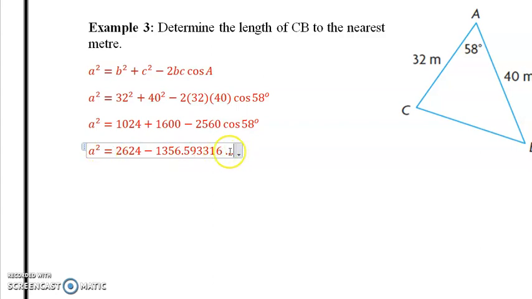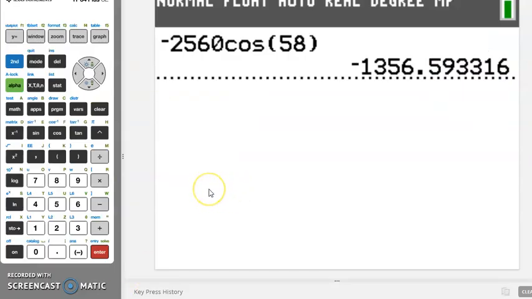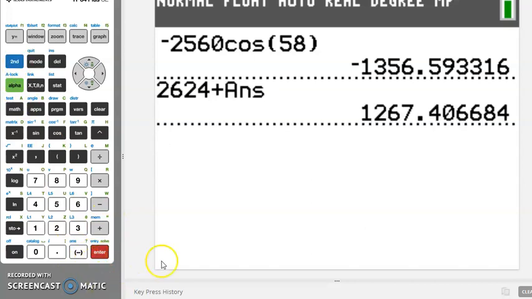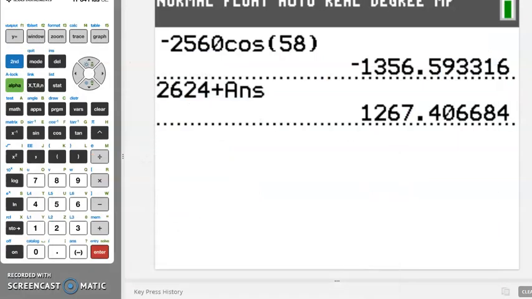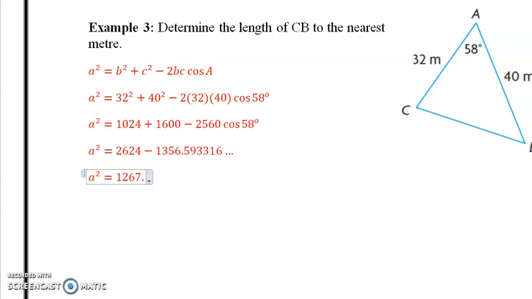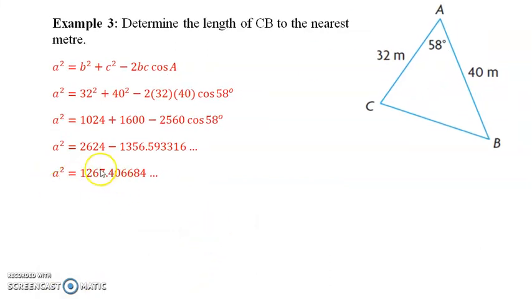And then I'll subtract the two numbers. So when I subtract the two numbers, I get 1267.40.